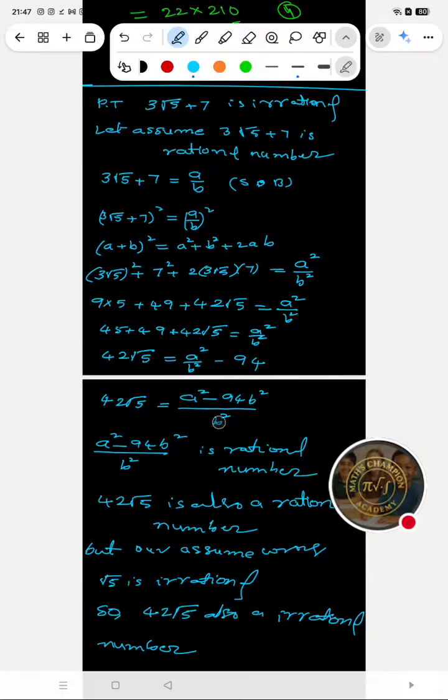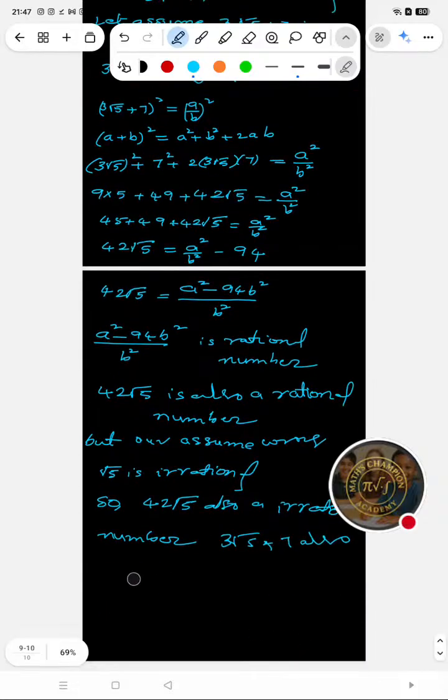It is in p by q form, so it is a rational number. So 42 root 5 is also rational, but our assumption is wrong. We know that root 5 is an irrational number, so 42 root 5 is irrational, and so 3 root 5 plus 7 is also an irrational number. Hence proved.